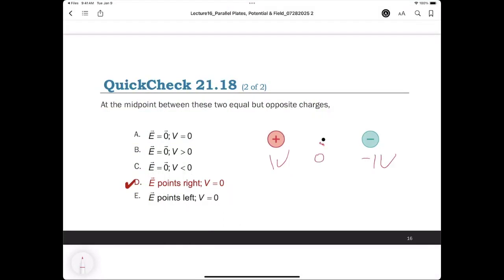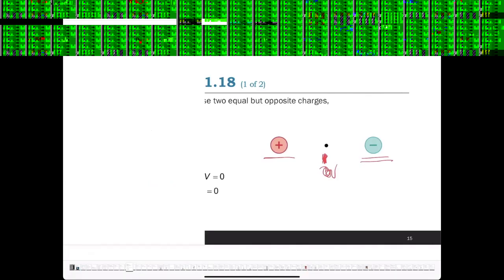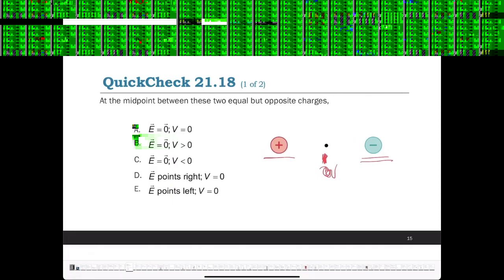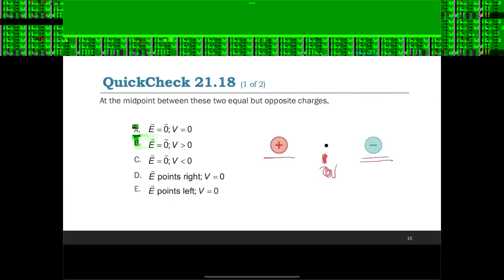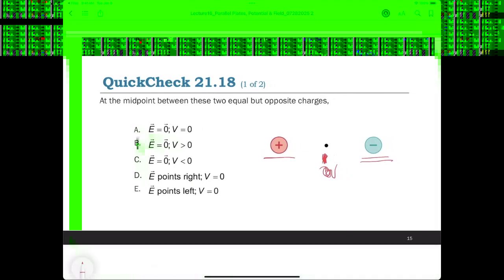Like we talked about in the last class. For this point, since here is 1 volt and here is negative 1 volt, here it should be zero volts. And the electric field should point from positive to negative, so it should point this way, this way, this way.